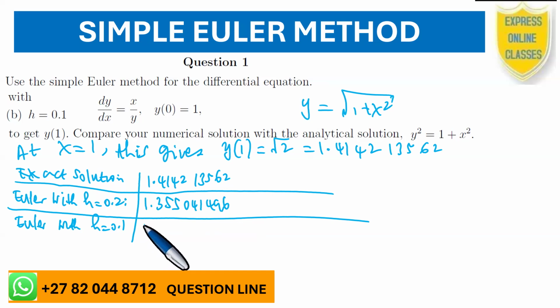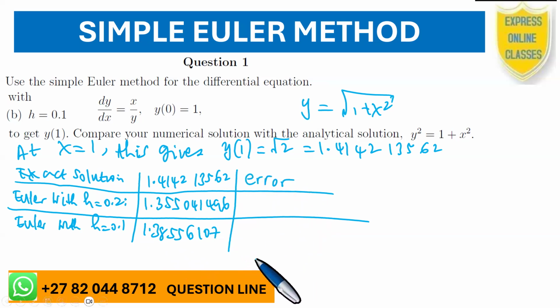And then here you have 1.3855 6107. Then you would have the error. You would have the associated error that comes with the solution.